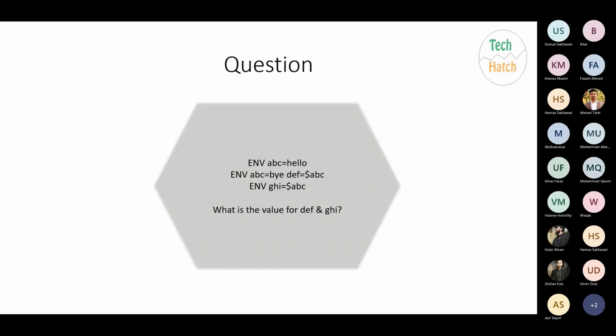By analyzing this example, I have an environment variable named ABC that has a value of hello, and then I have environment variable ABC that's being assigned a value of bye, and then DEF that's being assigned the value of ABC, and then I have an environment variable GHI where I am assigning ABC again. So the question is, what will be the value of DEF and GHI?